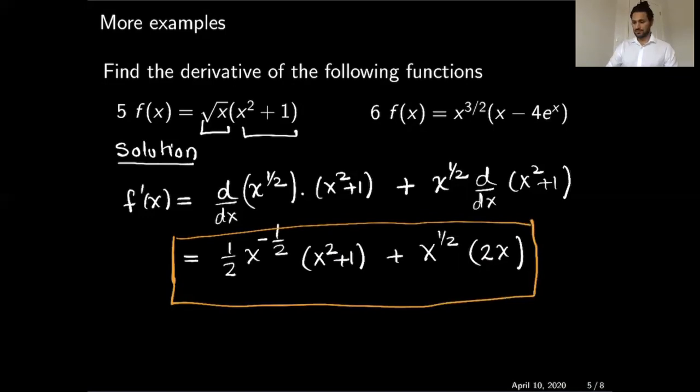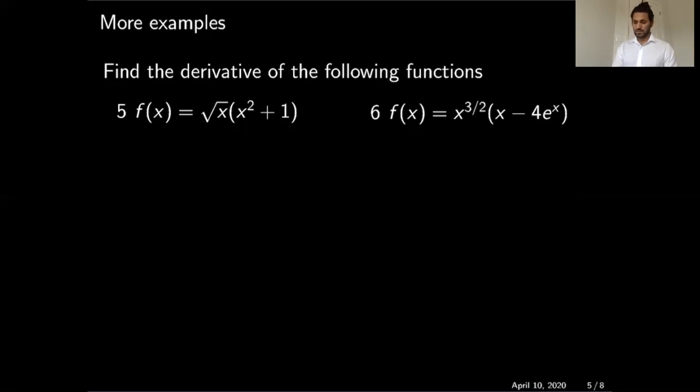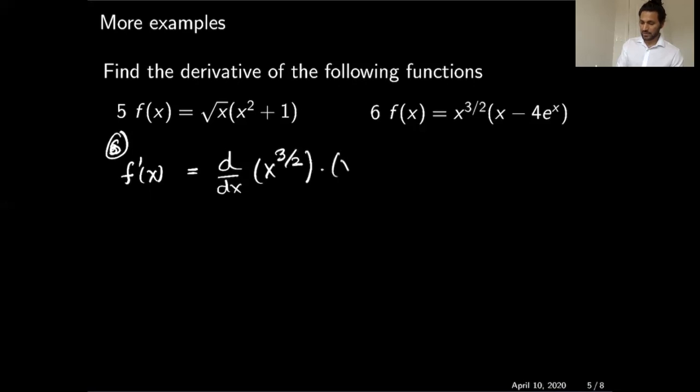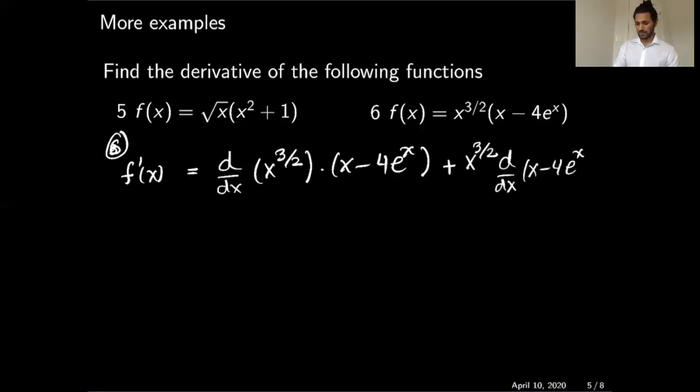Let's work on another problem. So the solution to that problem is as follows. F prime of x, problem number 6, is the dy by dx of x to the power 3/2 times x minus 4 e to the power x, plus x to the power 3/2 times dy by dx of x minus 4 e to the power x.